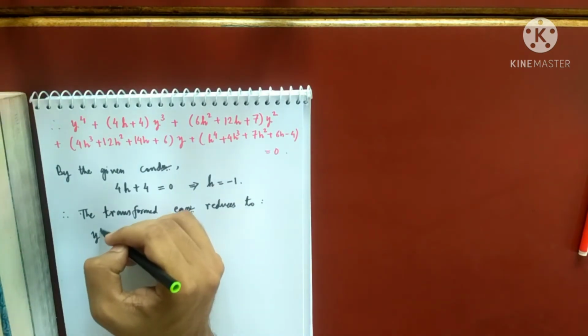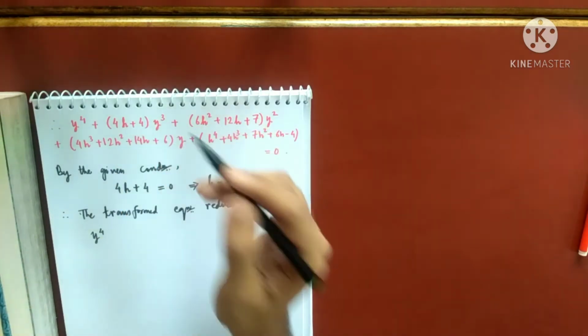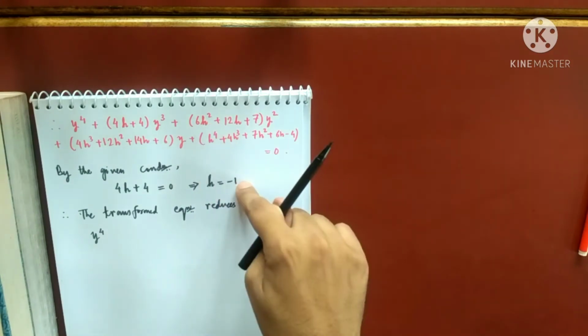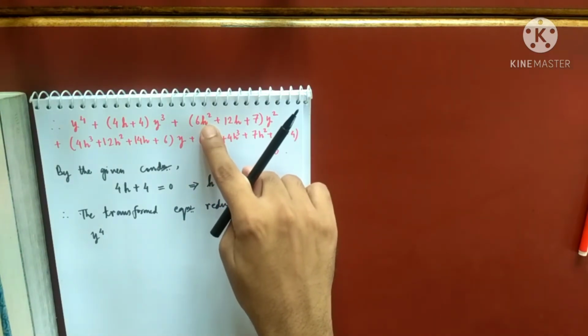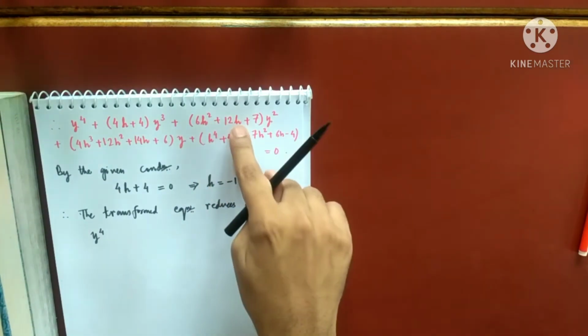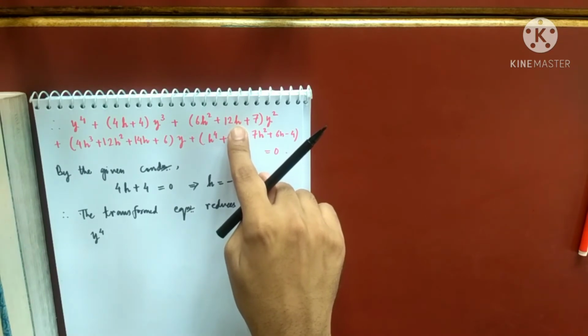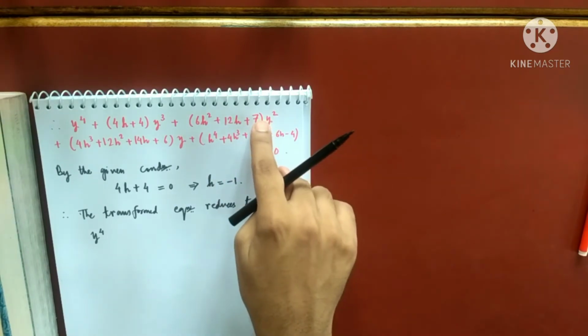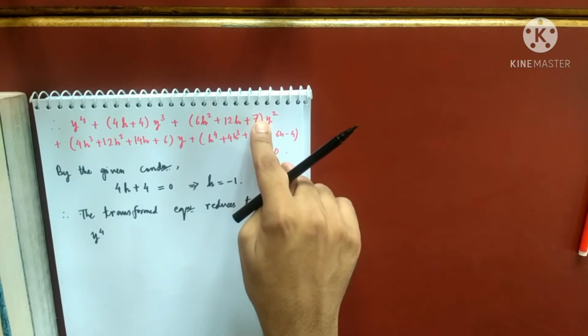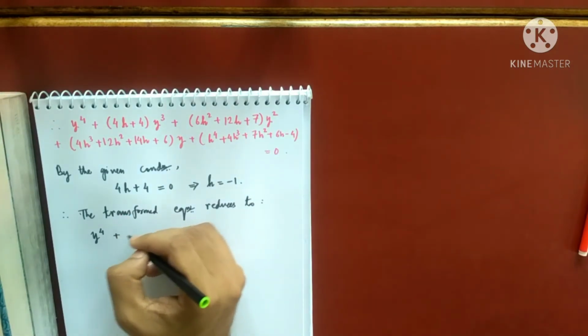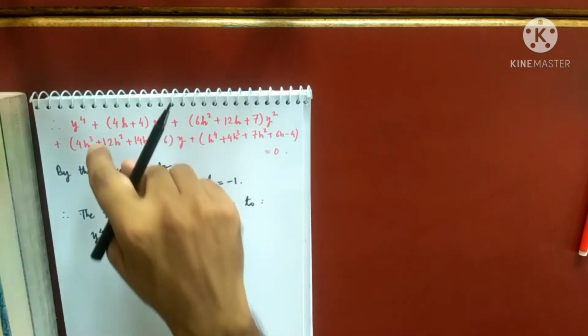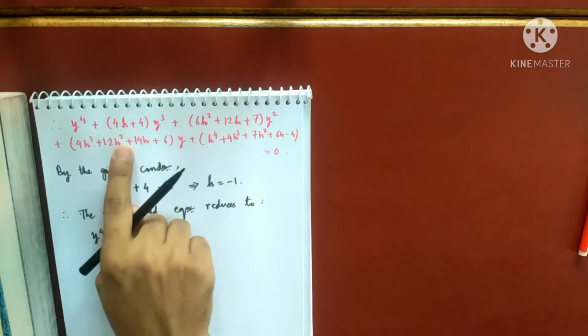So this will become y to the power 4. This will not be there, no need to write. Let's see what happens here. Minus 1 square is 1, so this is 6. 6 minus 12 is minus 6. Minus 6 plus 7 is plus 1, so this will become 1y square. Let's put h equals to minus 1 here.